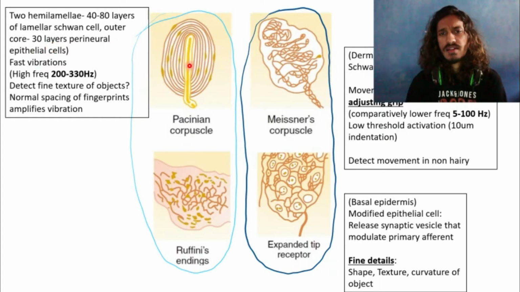So two hemilamellar structures, with 40 to 80 layers of Schwann cells, and outside some 30 layers of perineural epithelial cells. That is the structure of it.